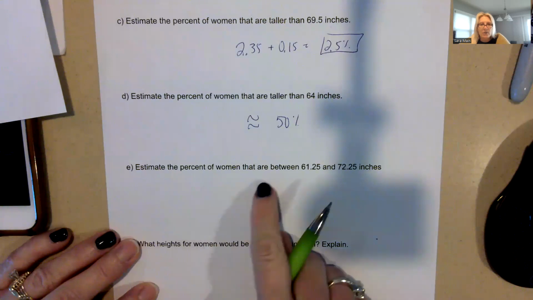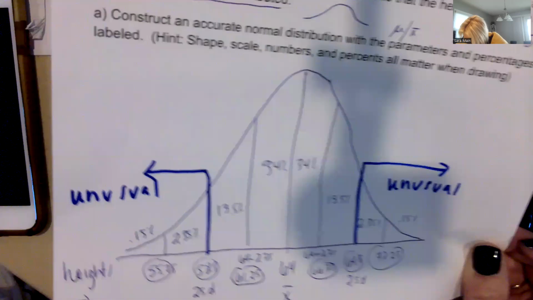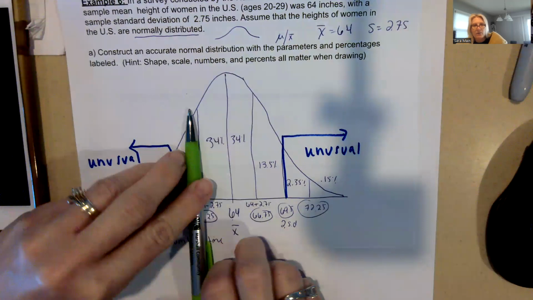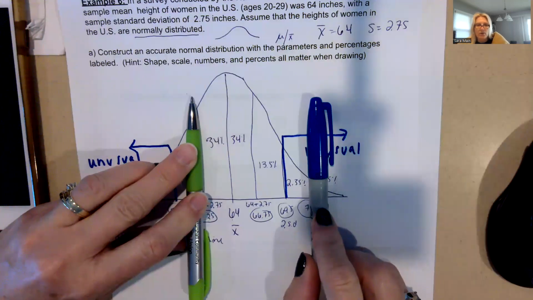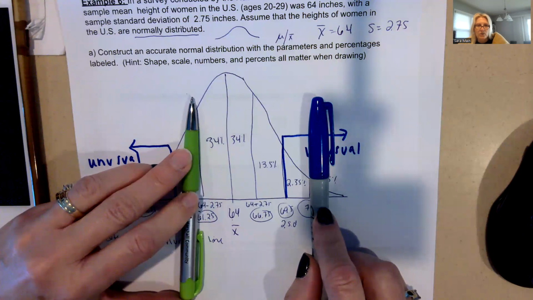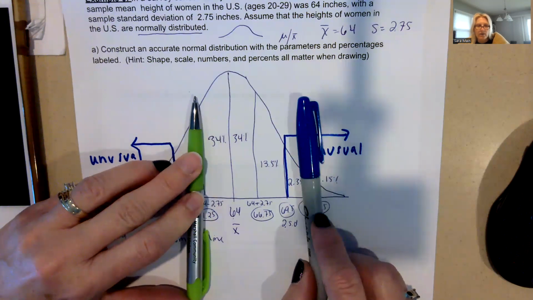Estimate the percent of women that are between 61.25 and 72.25. Oh gosh. So from right here, 61.25, I'm going to mark it like that, up to 72.25. So don't include that 0.15. We've got 34, 34, 13.5, and 2.35. So make sure you're marking 61.25 and 72.25.